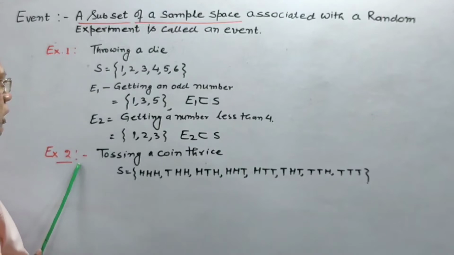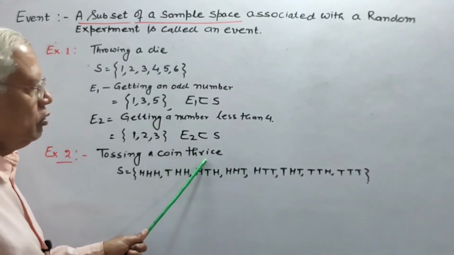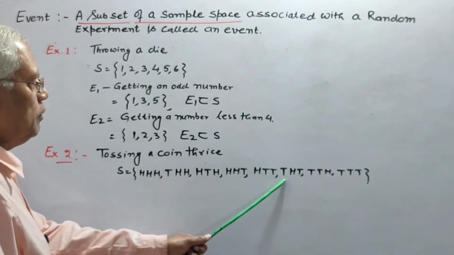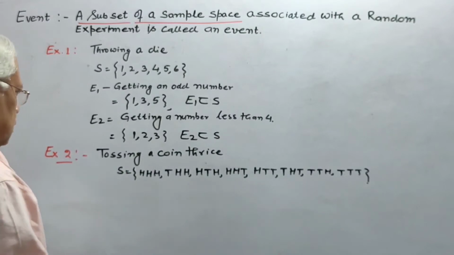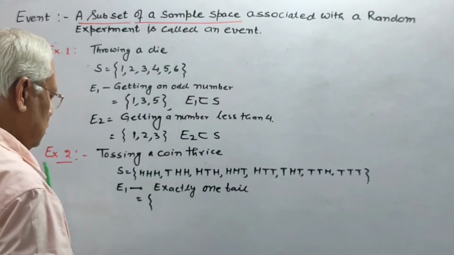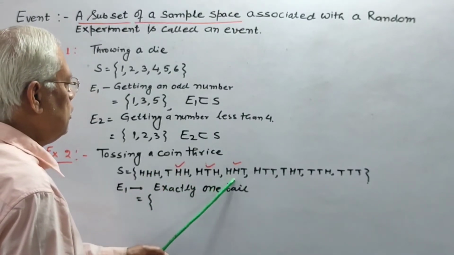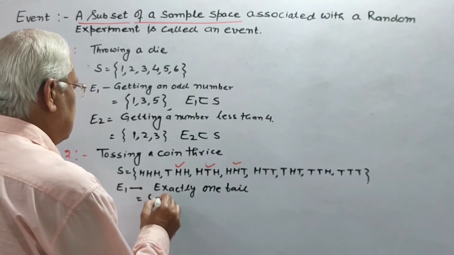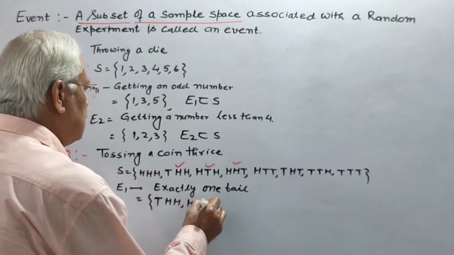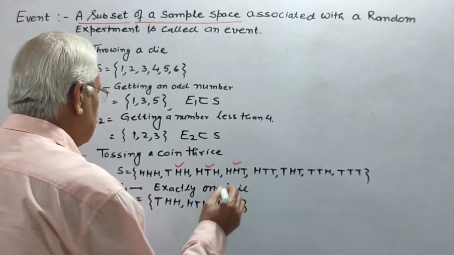Example 2. Let us take a random experiment of tossing a coin thrice, or 3 coins are tossed simultaneously. So this is the sample space for this random experiment. Let us consider the event exactly one tail. Exactly one tail means there will be only these 3 elements: THH, HTH, HHT.